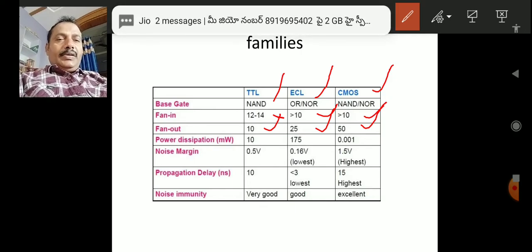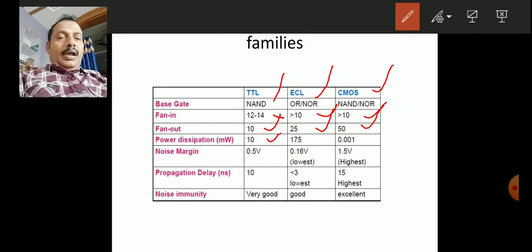Now power dissipation for TTL is 10 milliwatts. For ECL it is 175. For CMOS 0.001. This is very important. You see, very little power dissipation.